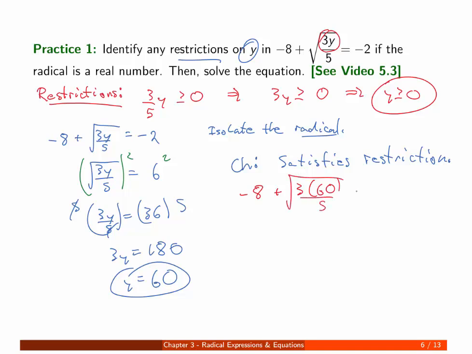And the question is, does this equal negative 2? 3 times 60 divided by 5, square rooted, is 6. So I have negative 8 plus 6. Does that equal negative 2? Oh yes, it does. Okay, that's how I like to format those. So we're right, and we know for sure we're right. So, pretty simple, right? Hopefully that made sense.